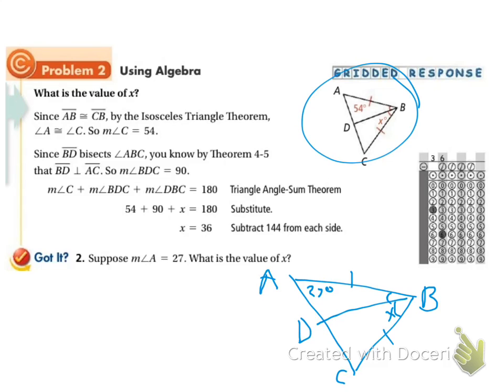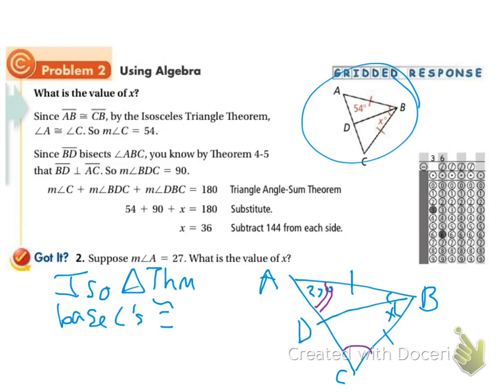Okay, well, I know that these two legs are congruent, right? If I'm looking at the big triangle, I have legs that are congruent. So, using the isosceles triangle theorem, I know that my base angles are congruent. Right? So I know that guy is congruent to that guy. So over here is also 27 degrees.